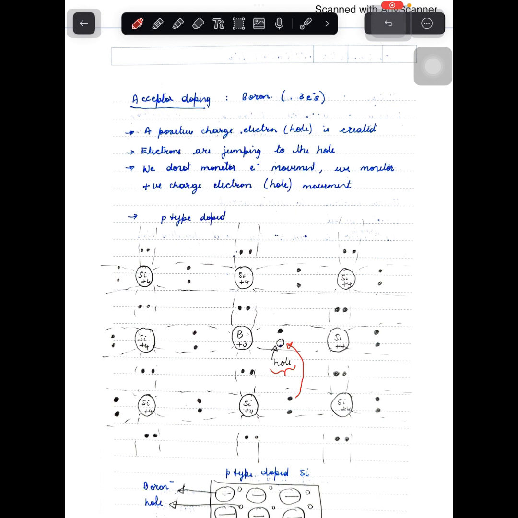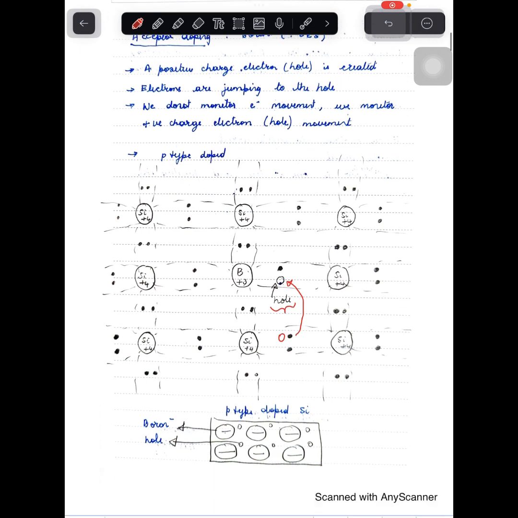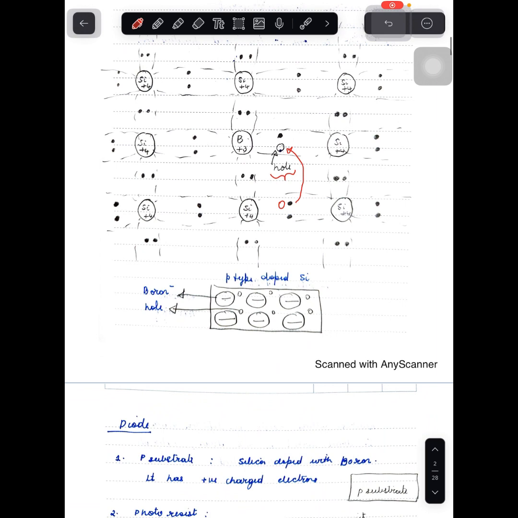Here we do not monitor the electron movement, instead we monitor hole movement, hence holes are the majority charge carriers. Once an electron falls onto this hole, a new hole is created here. Now boron has more electrons than protons, and the boron becomes a negative ion.